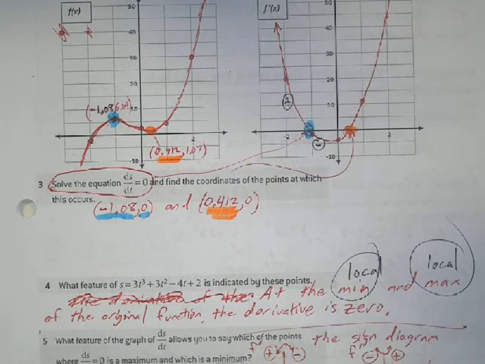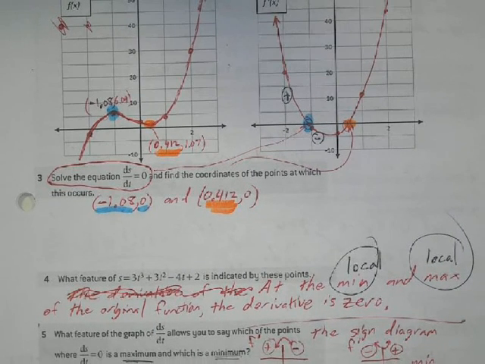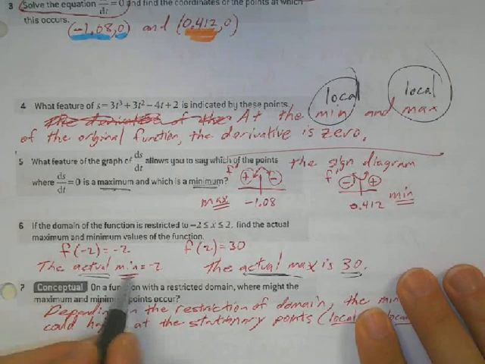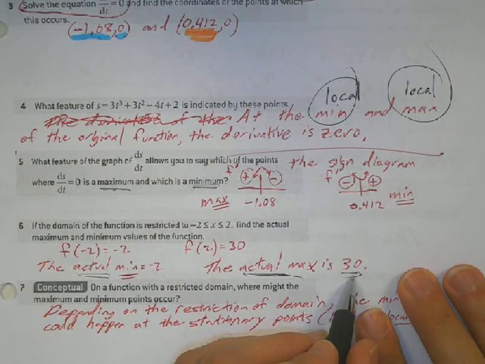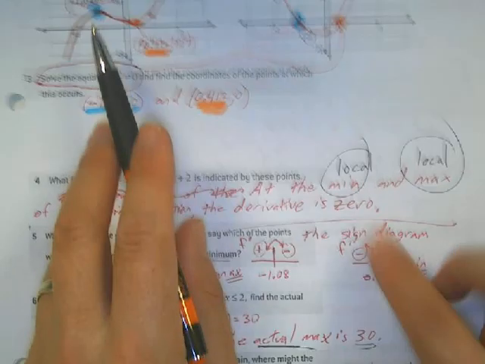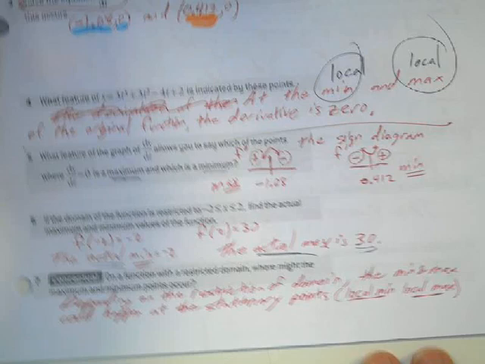So the actual maximum is 30. The actual minimum is negative 2. So what we did here was we found the local minimums and local maximums. And this is probably what they're going to ask you on an IB test or something.